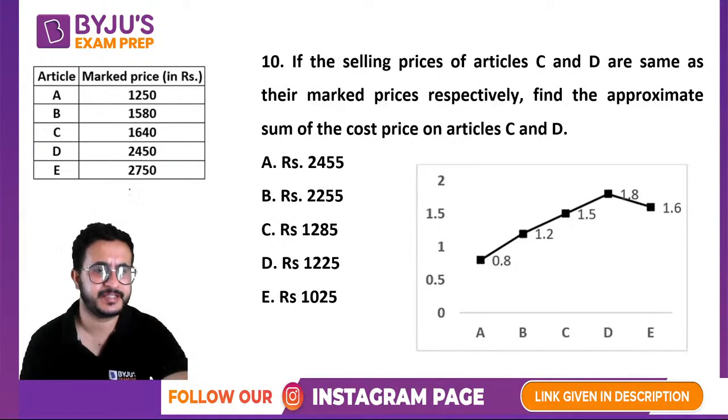So these are the selling prices for C and D. You have to find the cost price.